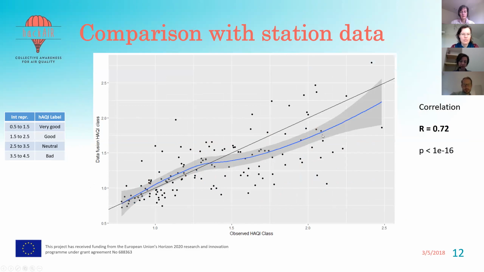We have some slight underestimation for higher values, but I think the sample size here is not good enough to really draw any strong conclusions on this. But overall, we are quite happy with how the data fusion performs compared to official measurements, especially considering the difference in spatial scales. Remember that we predict at a 5-kilometer grid raster, whereas these observations are made at stations which are representative maybe on the order of a few hundred meters at best.